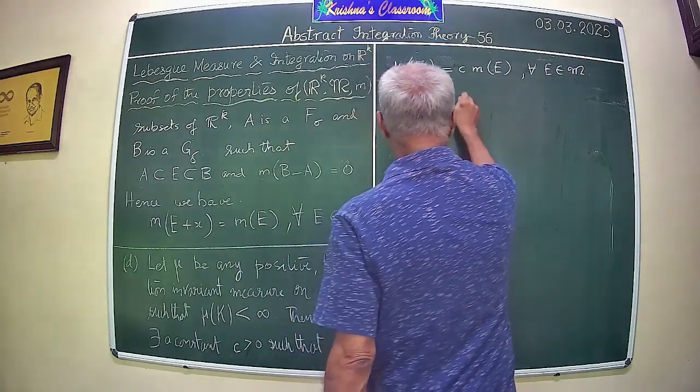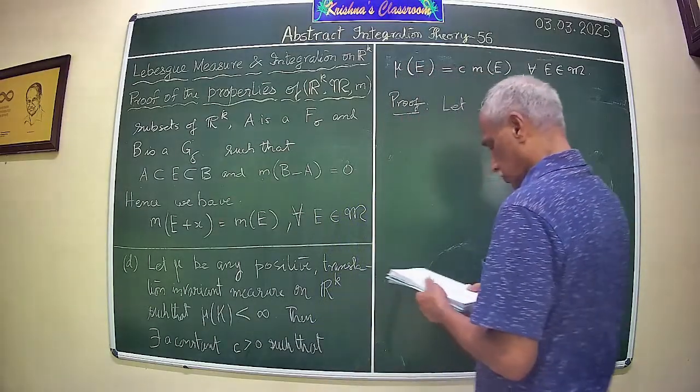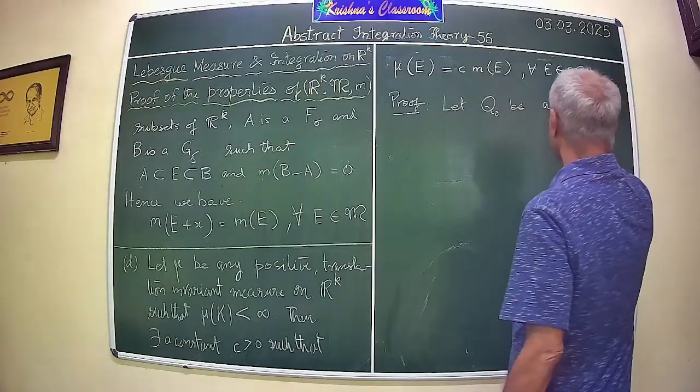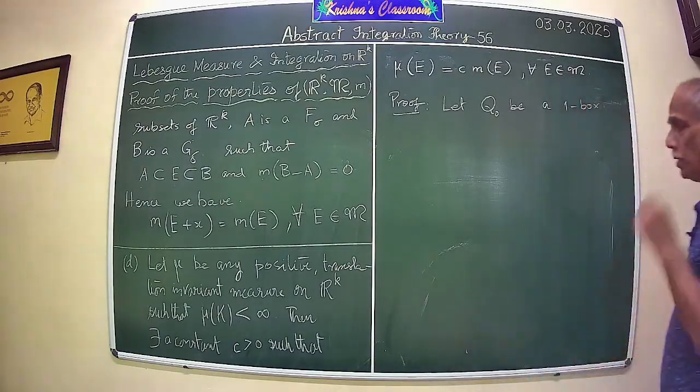Let Q naught be a 1 box. 1 box means what?